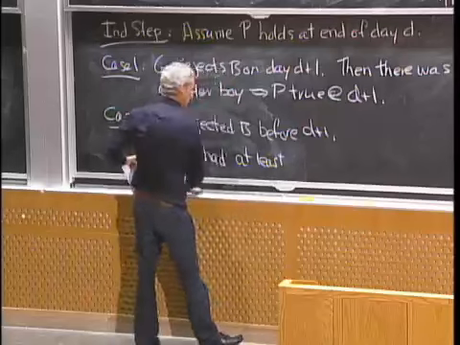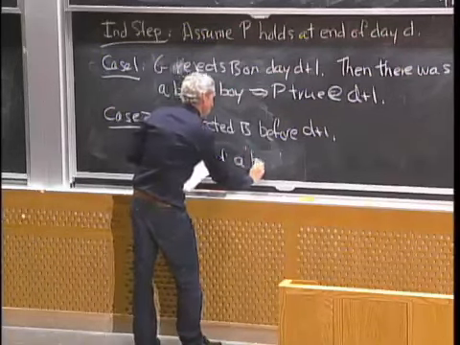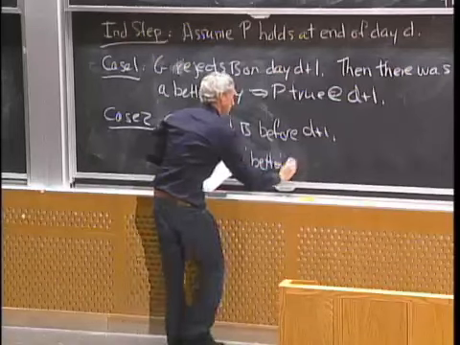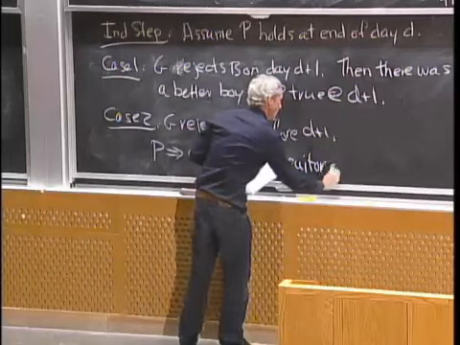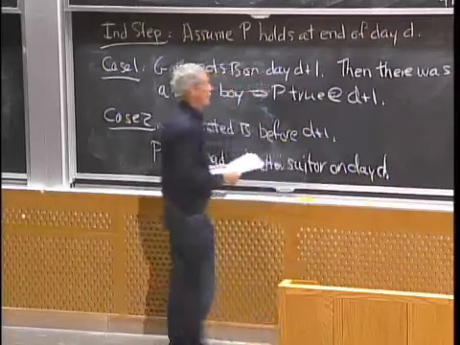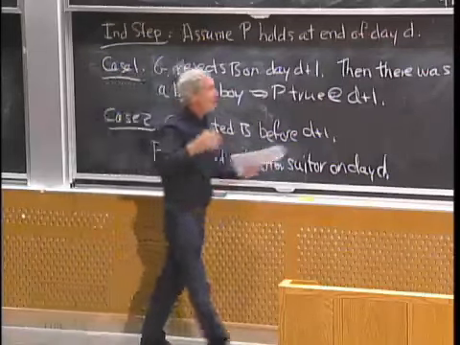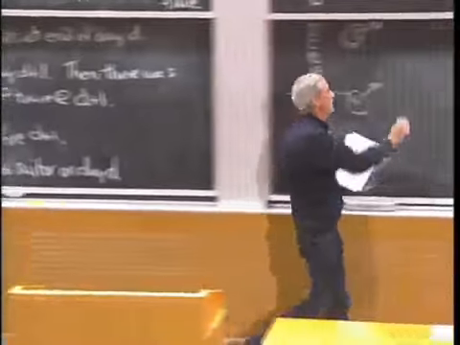Actually, it's better because B was rejected. A better suitor on day D. All right, that's what the hypothesis, the invariant, says. And now we just have to look at what happens on D plus 1.